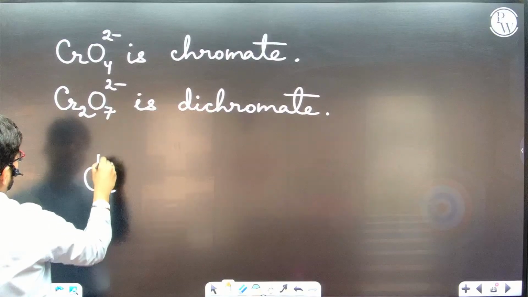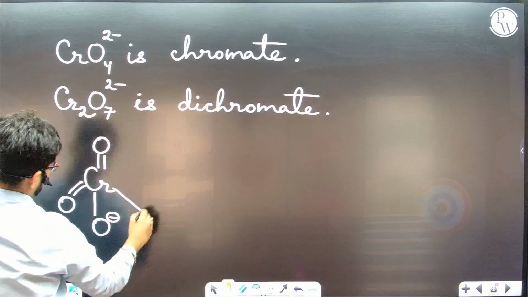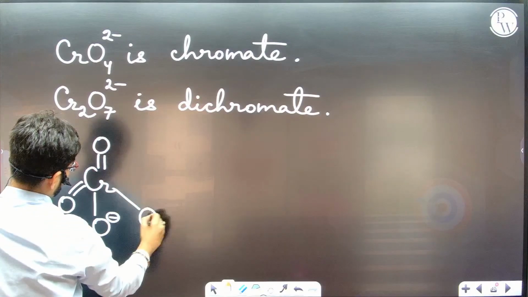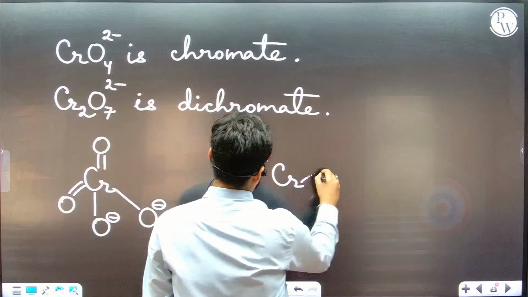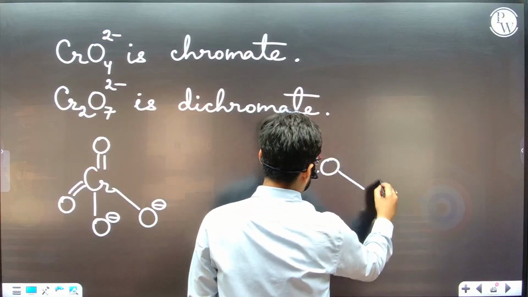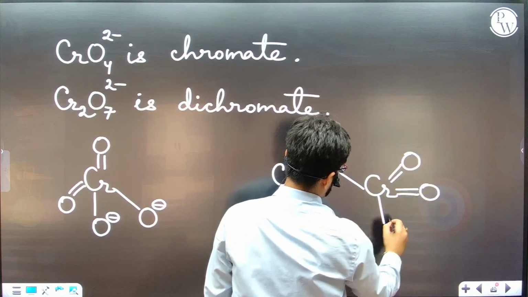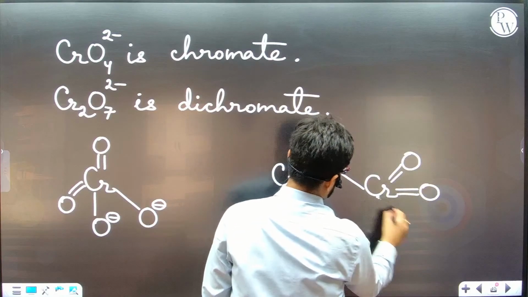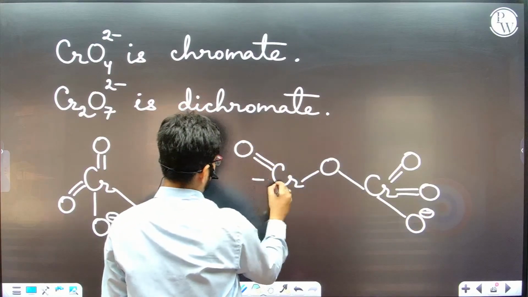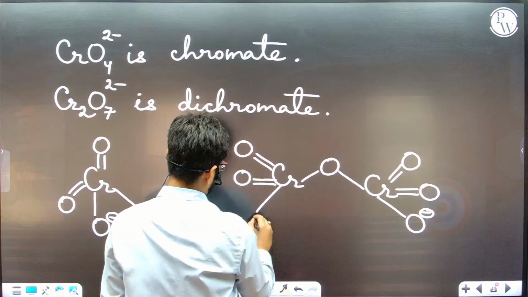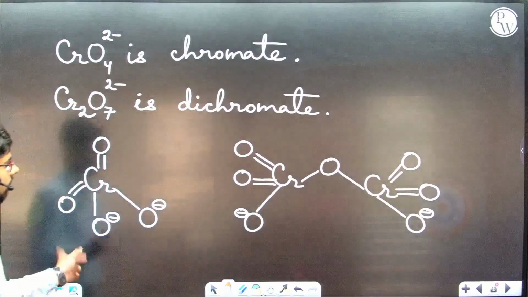So this is CrO4 2-. This is the structure of CrO4 2- and Cr2O7 2- is this. Right? So these are very important.